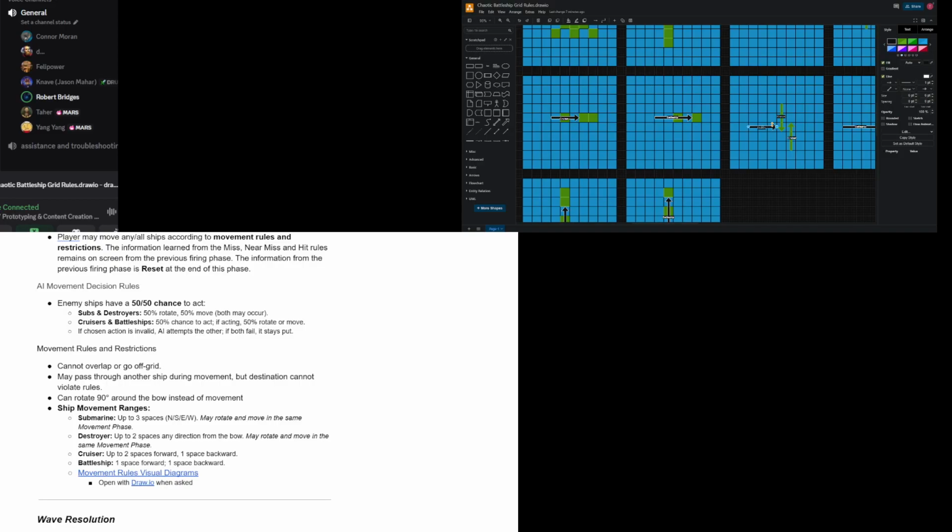Let me look at the tasks. I have all the tasks in my head, but I don't have the correct order yet. I think we need to write it down. So we need turns. We need the UI for selecting and rotating ships. We need the AI. We need the movement. We need highlighting the area of impact.